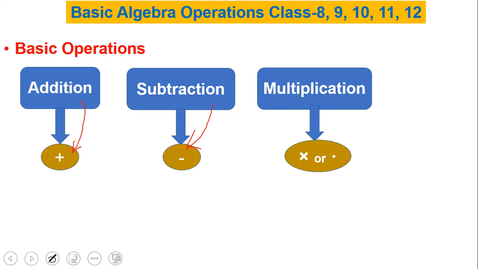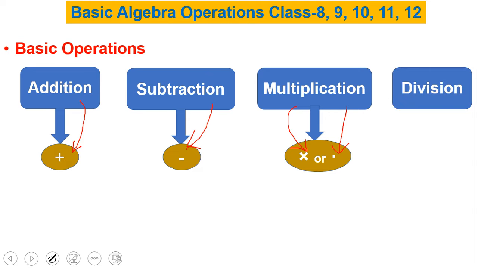Multiplication, denoted by cross or x or dot simply. Then one more operation is division, denoted by this symbol of division or slash.